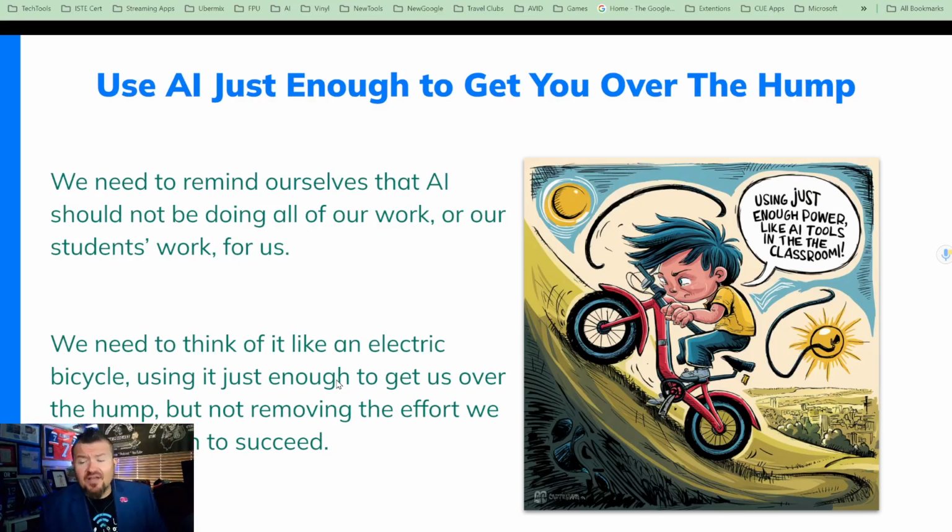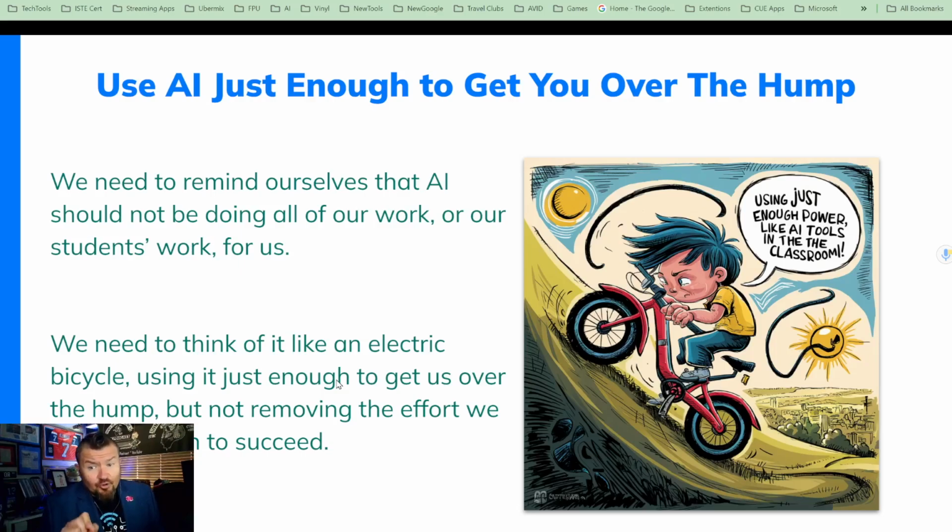Well, I always love to give students the analogy of utilizing an electric bike. Now, an electric bike can be pedaled with your power, or an electric bike can be utilizing the battery and the motor to move them forward as well. But we need our students to understand it is best if they are pedaling as much as possible and only use the motor, only use the battery when it is too tough for them to get over the hump.